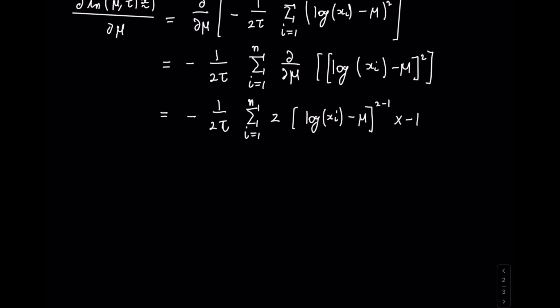Our next step involves a little simplification. The 2 in the denominator of the opening fraction and the 2 here can cancel with one another, and the negative 1 and the negative out the front can also cancel, basically leaving us with 1 over tau, the sum of i equals 1 to n of (log xi minus mu), all in brackets.